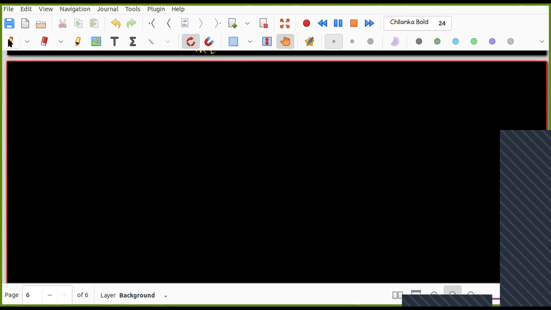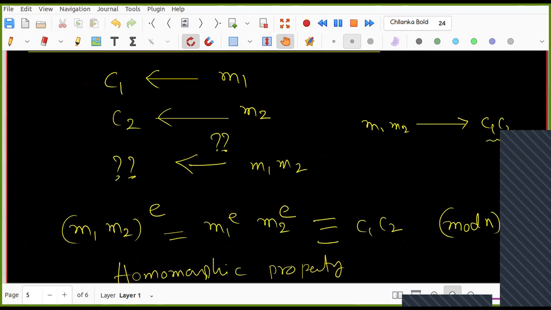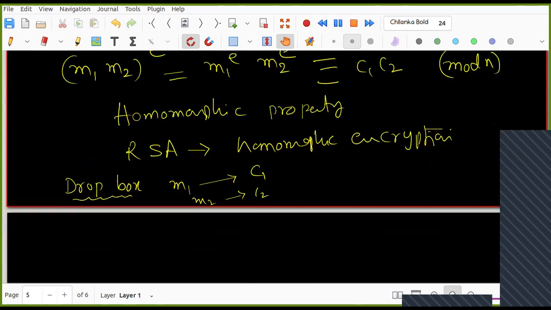Now I want to talk about that. Any questions? Is it clear? C1 has plain text M1, C2 has plain text M2. These are the ciphertexts. Then the plain text of C1, C2 will be M1, M2, right? So this is very clear.